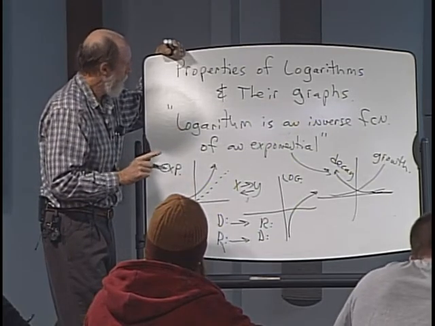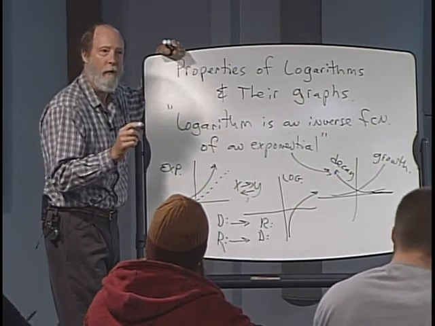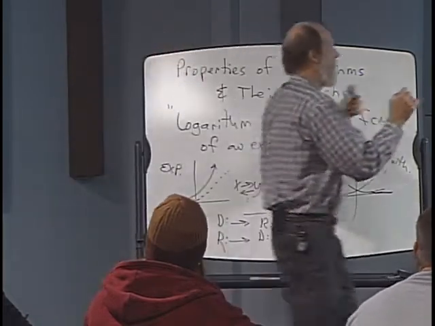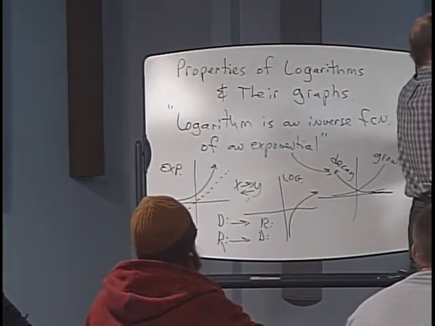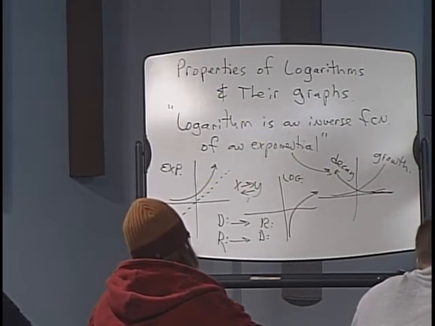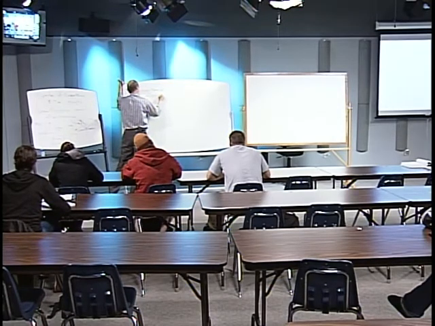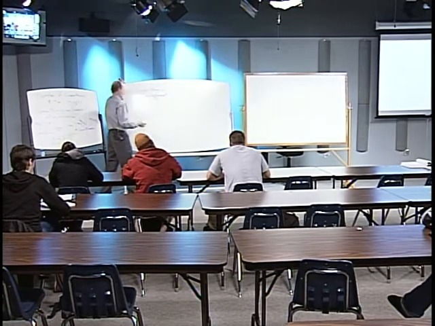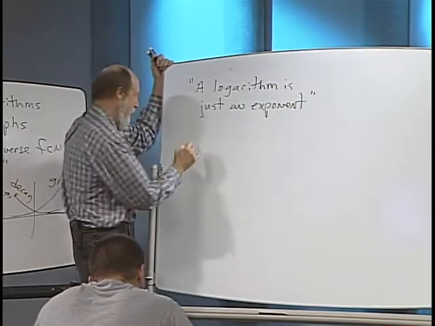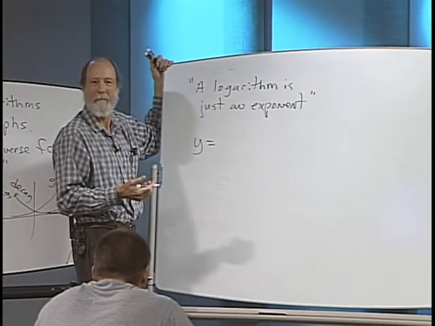There is another way that you could explain to somebody what a logarithm is. You could say that the logarithm is just an exponent. Now, what does that mean? So here's what we did. Give me a base for an exponential. 5.